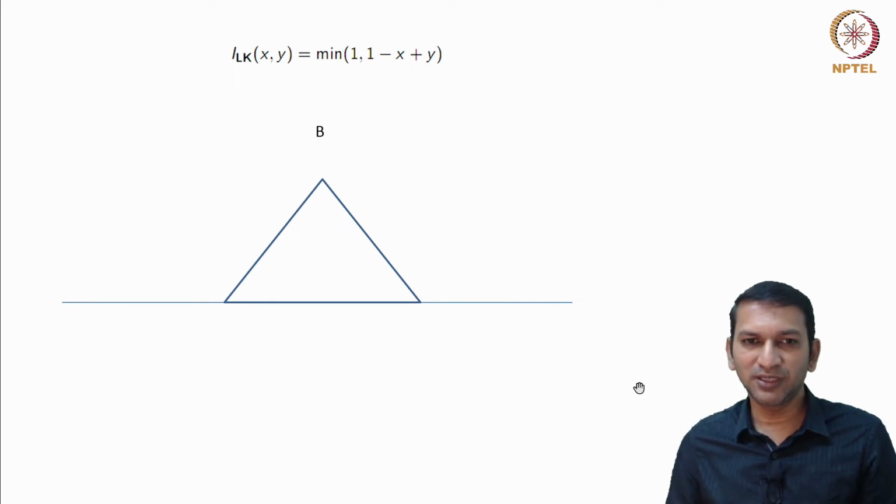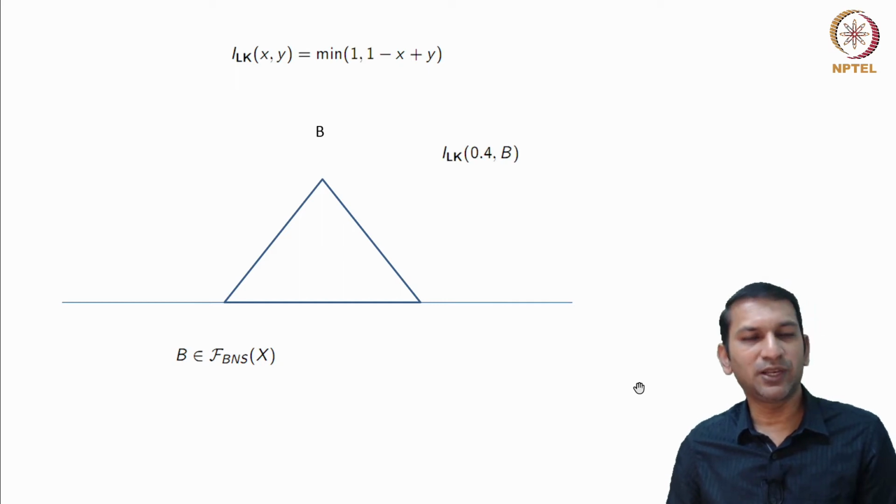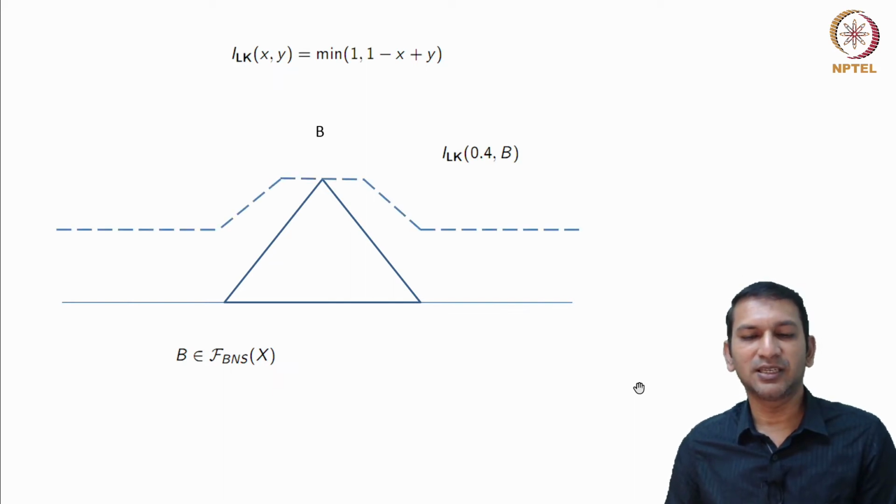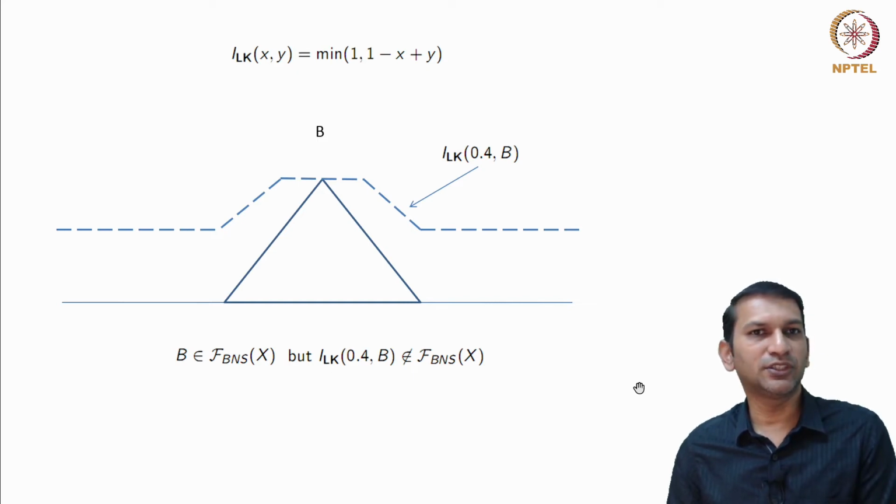So if you are assuming it to come from FBNS of Y, look at what happens if you take the similarity value 0.4 and use the Lukasiewicz implication as the modification function. Then the modified fuzzy set is something like this. While it is normal and seems symmetric, it definitely is not bounded. So we should be careful in the choice of the modification function J, even if you are considering them to be binary functions on [0,1].